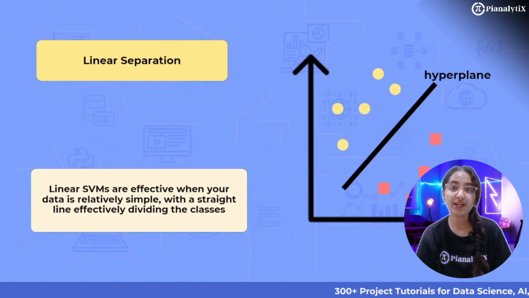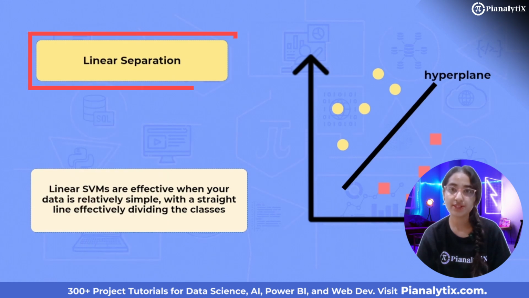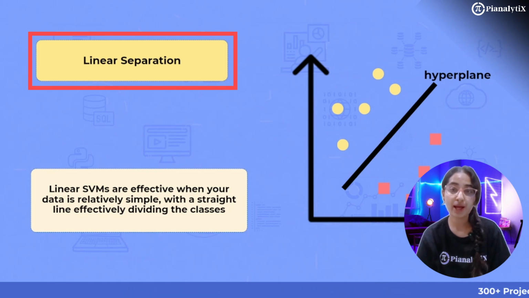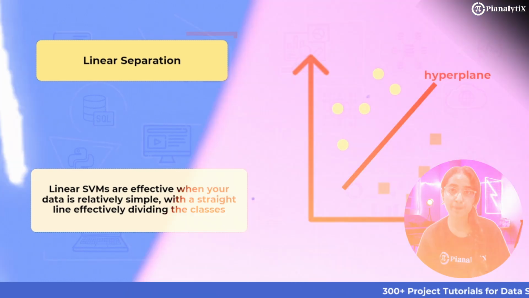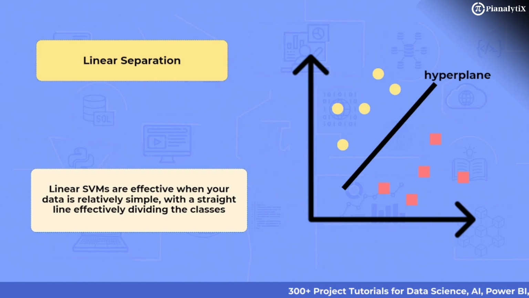Understand SVM in action. Let's take a simple example involving shapes. Imagine you are trying to classify shapes like circles and squares. Our goal is to create a boundary that separates circles and squares. So for this, first, linear separation. In cases where these shapes are linearly separable, meaning we can draw a straight line to separate red shapes from blue shapes, SVM will find that line.